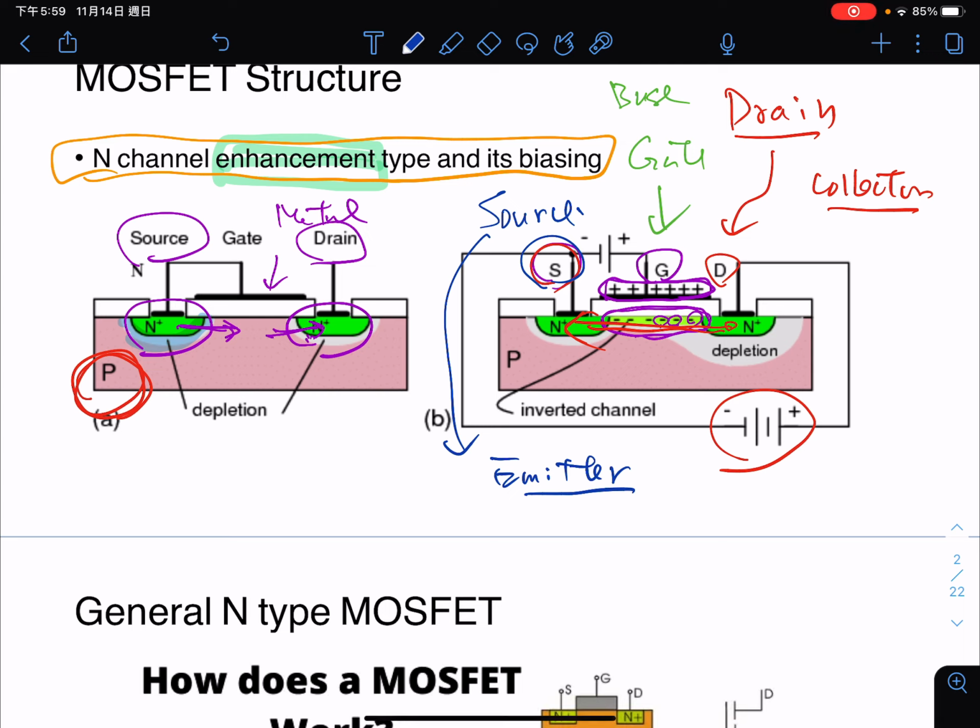The advantage is that there will be no current flow from the gate to the source, because this is an isolated, non-conductive material here. So the only way to create a tunnel is simply to apply the positive voltage between the gate and the source. This is the basic structure of the MOSFET.